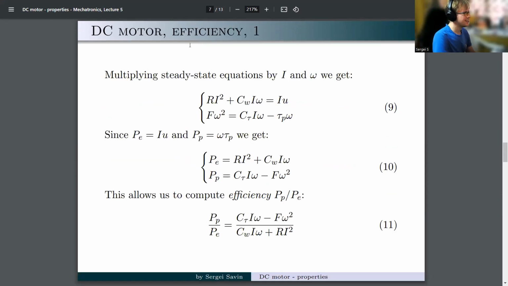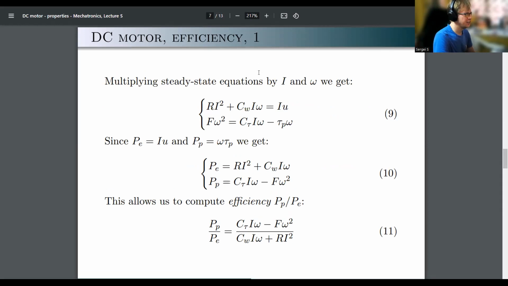To understand the power dynamic of this motor, what we can do is multiply the steady state equations by I and by omega. Here is a steady state equation multiplied by I. This is the Kirchhoff's law multiplied by I. You notice it was Ri, now it is Ri squared.